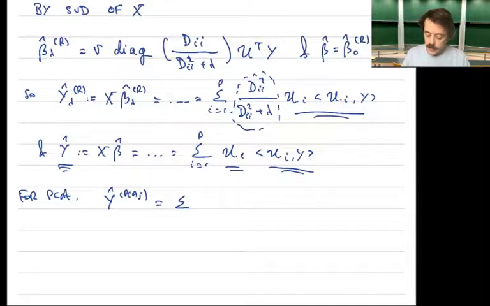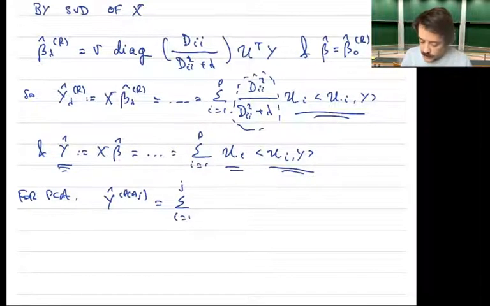Okay. So then let's look at PCA. So in PCA, what we're going to do is we start by constructing the projection. And what are we going to do? Well, simply we're going to project our data onto exactly the same set of guys.